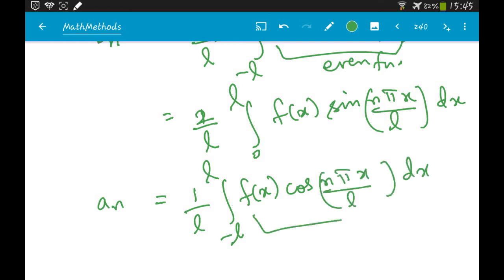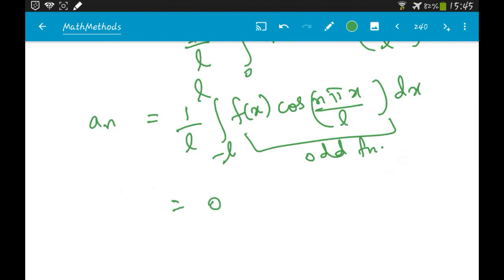This is an odd function, so this becomes 0, because if you go from minus L to L of an odd function, you are going to get 0.